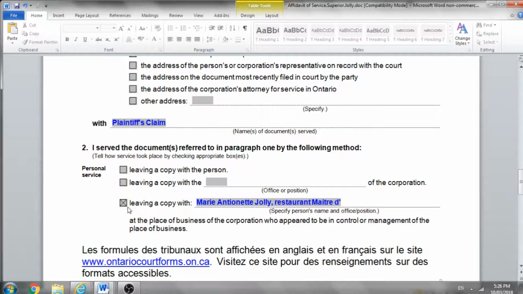She's going to check off the box by leaving a copy with Marie Antoinette Jolly, Restaurant Maitre D. It basically says that Marie Antoinette appeared to be in control and management of the place of business. Now, Marie Antoinette can be someone who just works there. In this case, perhaps she's Joseph Jolly's wife or a life partner, or maybe some other family member.